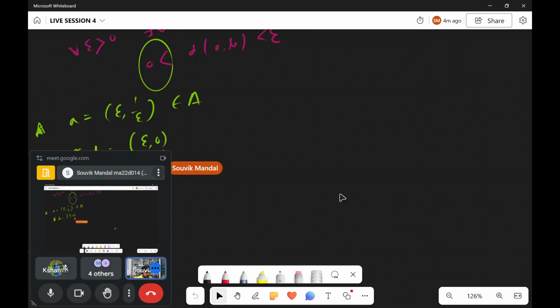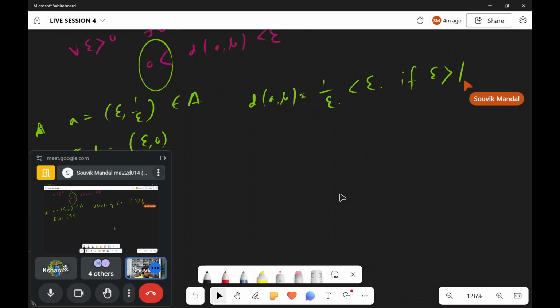So what will be the distance between a and b? The distance between a and b is 1 by epsilon, correct? And 1 by epsilon is less than epsilon if epsilon is greater than 1, okay? So this holds if epsilon is greater than 1.